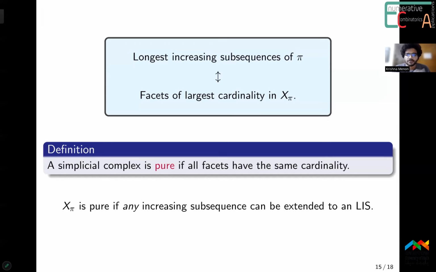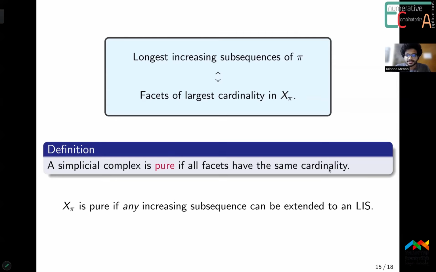In our context, these subsequences just correspond to facets of the largest possible cardinality in X pi. Now, there is this notion of purity in simplicial complexes, where a simplicial complex is said to be pure if all facets have the same cardinality.